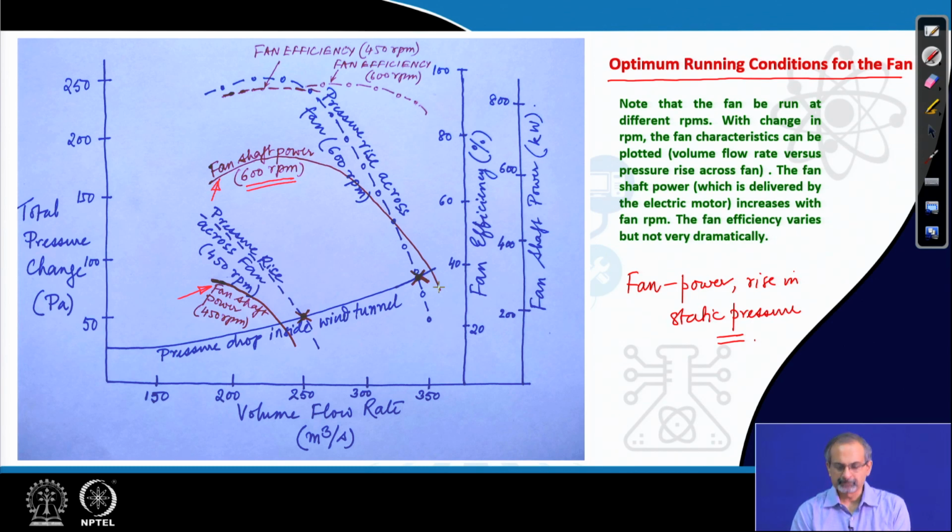And as you can see, there is varying volumetric flow rate over which the fan can operate with the same RPM. And you can see that over the changing volumetric flow rate, to maintain the same RPM, how the fan shaft power will be changing in terms of kilowatt. So, obviously, if you are operating somewhere here, the power requirement will be pretty high, and therefore, you may like to be at a lower point somewhere here.